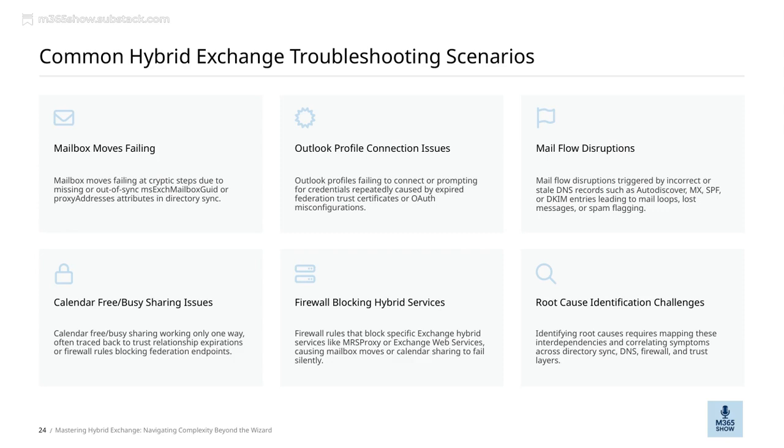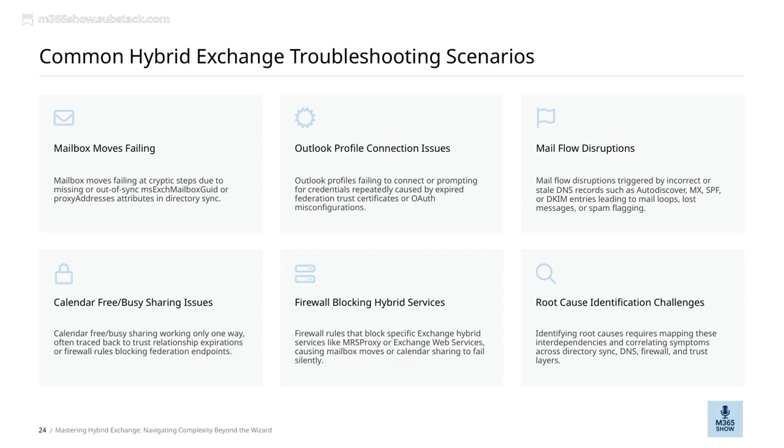Outlook profile connection problems, such as repeated prompts for credentials or connection failures, are often linked to expired Federation Trust certificates or OAuth misconfigurations. Regularly reviewing and renewing these certificates can resolve many of these issues. Finally, mailbox moves may fail at cryptic stages, often due to missing or out-of-sync attributes like msExchMailboxGuid or proxy addresses in directory sync.